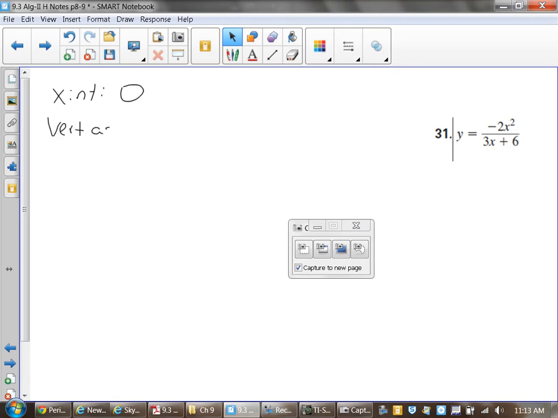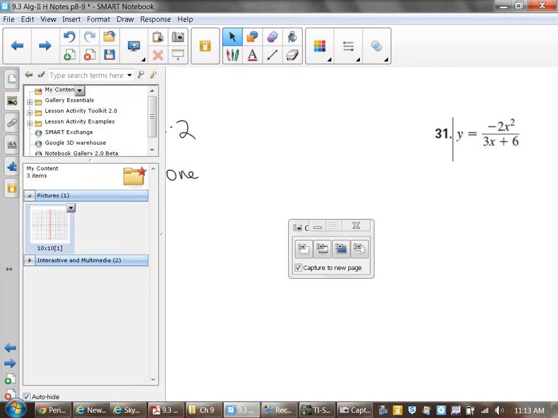Vertical asymptote, -2. Horizontal asymptote, m is greater than n, none.